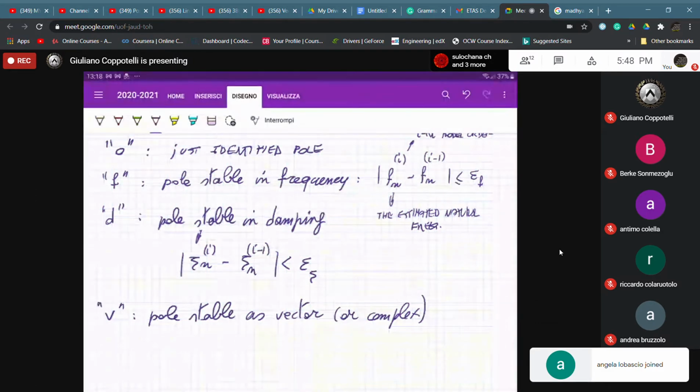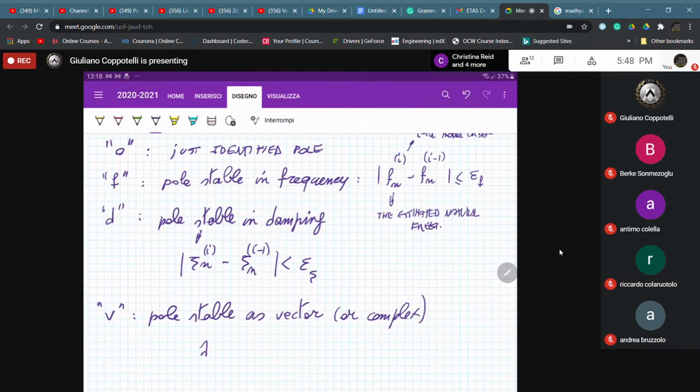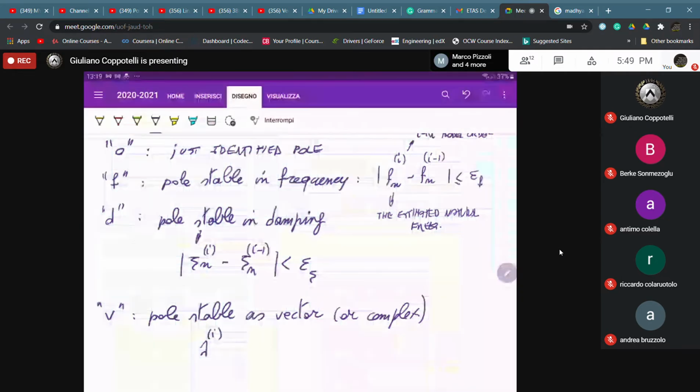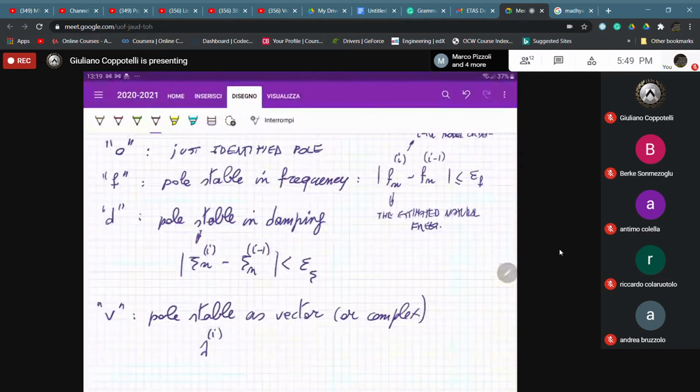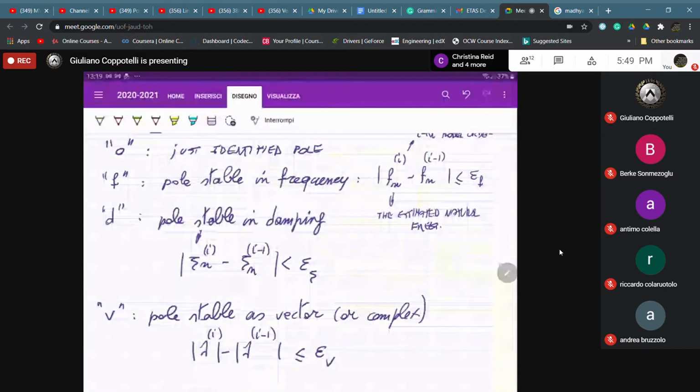That means that if you consider the complex pole evaluated at the ith model order, and you compare that with the corresponding one at the previous model order, and then you take the amplitude of the difference of these two, then this is a very small quantity.